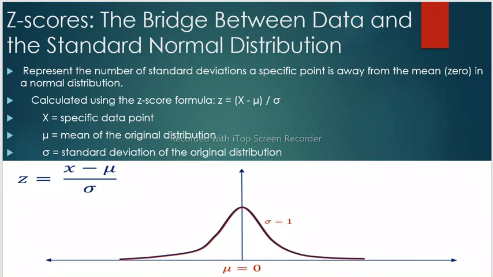Imagine a student's exam score in a class that follows a normal distribution. By calculating the student's z-score, we can determine how many standard deviations their score is above or below the class average. For instance, a z-score of 2 indicates that the data point is 2 standard deviations above the mean in the original distribution. Conversely, a z-score of minus 1.5 signifies that the data point falls 1.5 standard deviations below the mean.